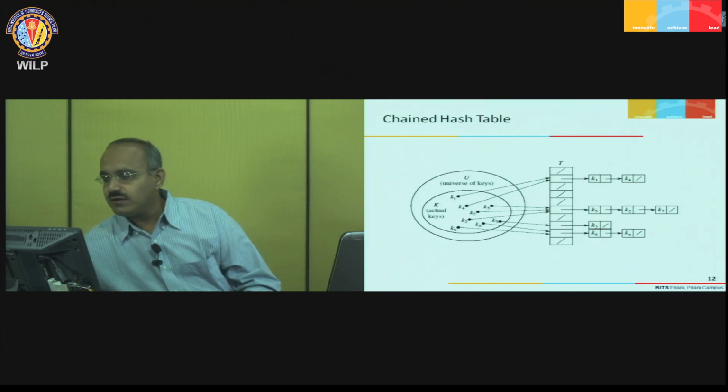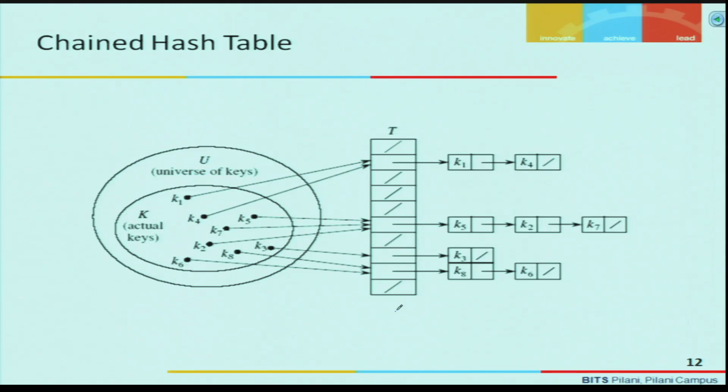So, we see that in my keys, if you look at k 1 and k 4, their hash values are being mapped to the same slot. This just means that under your hash function h of k 1 is equal to h of k 4.